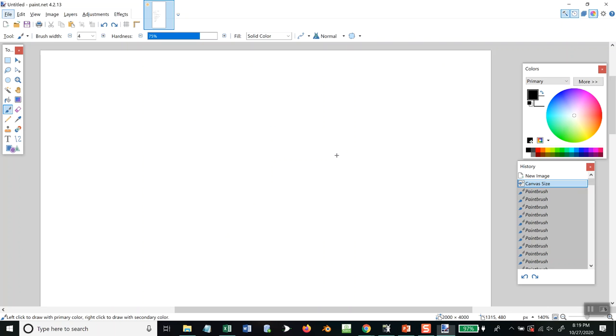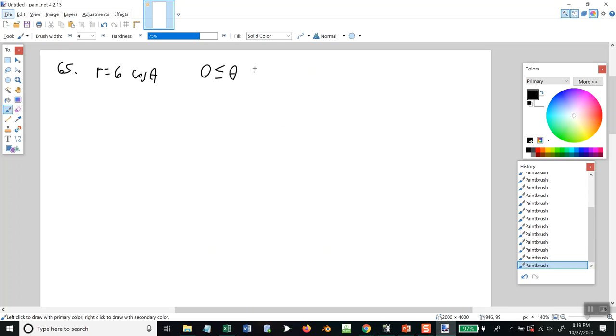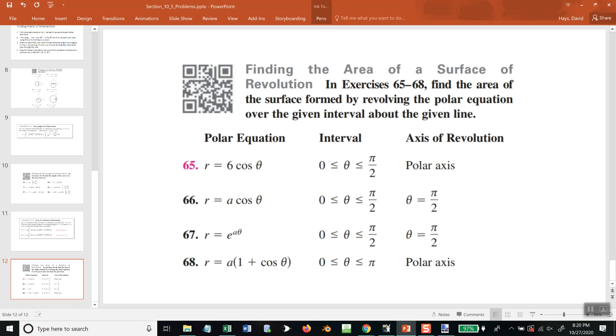Take a look at 65. r is equal to 6 cosine theta, the interval from 0 to pi over 2, and axis of revolution is the polar axis. The instructions say to find the area of the surface formed by revolving the polar equation over the given interval about the given line.